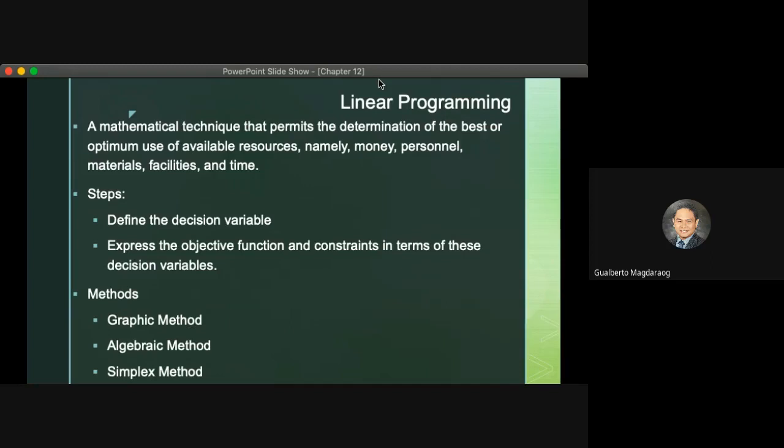If your objective is to minimize the cost, you need to prepare an objective function on how to minimize the cost. And then we have three methods of linear programming: graphic method, algebraic method, and simplex method.